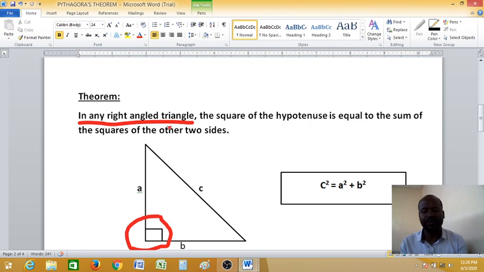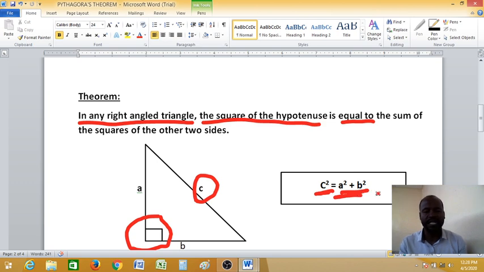So in any given right-angled triangle, the square of the hypotenuse, which is c squared, the side opposite to the right angle, is equal to the sum of the squares of the other two sides, or the legs.